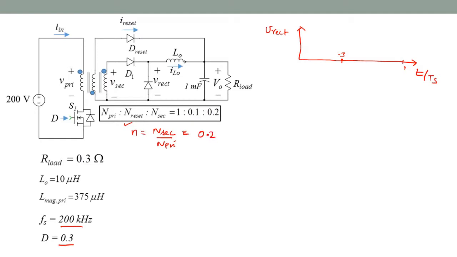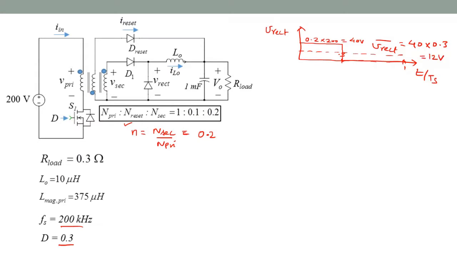Then Vrect remains 0 during the entire (1 minus D)Ts period. So Vrect is 0.2 times 200, or 40 volts. And Vrect average would be this 40 only for a duration of 0.3, so that is 12 volts.